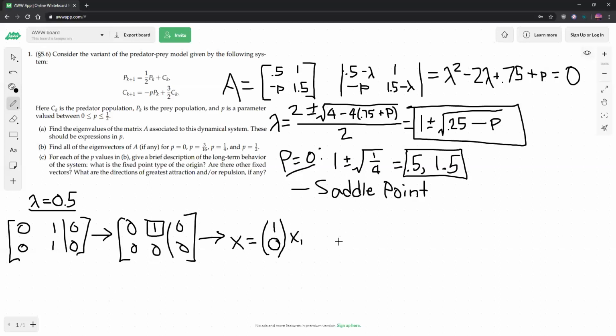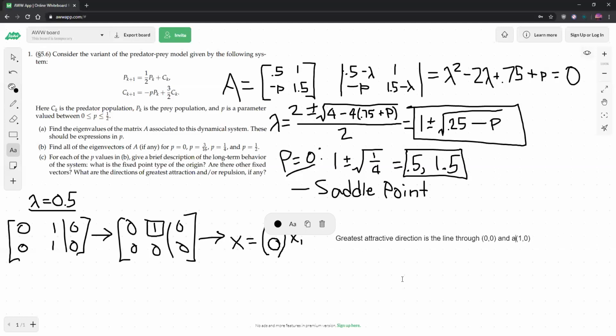Let me go to text here. You could say that this is the smaller eigenvector, right? So the greatest attractive direction is the line through 0, 0, the origin, and 1, 0, which is the eigenvector we just found.